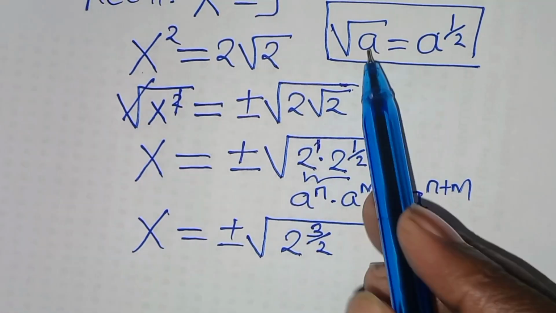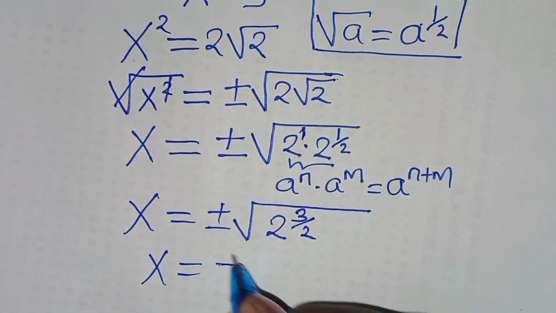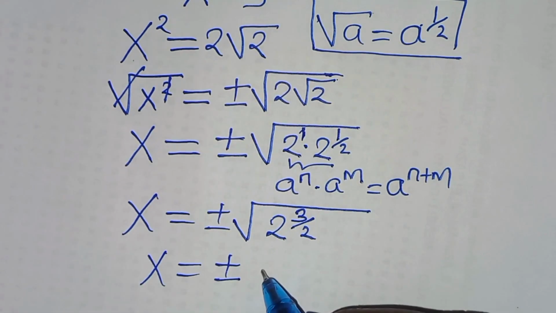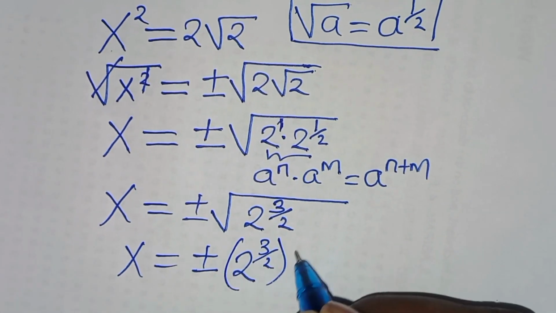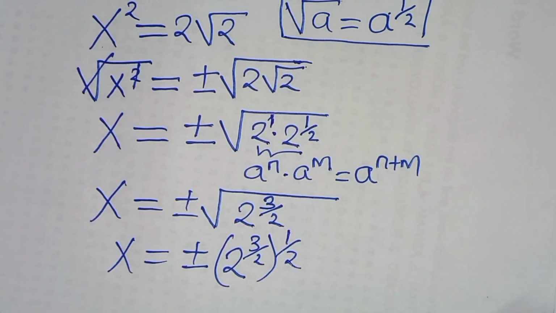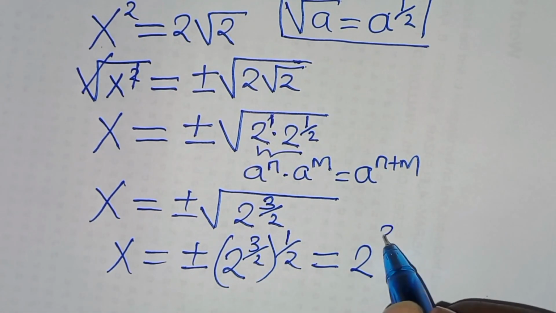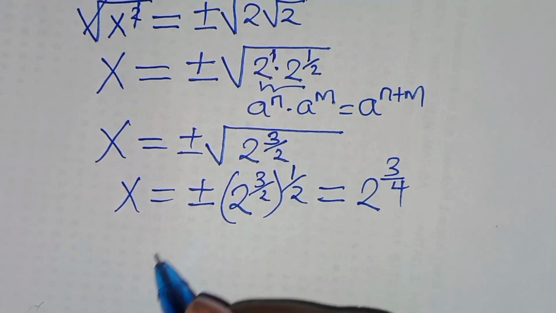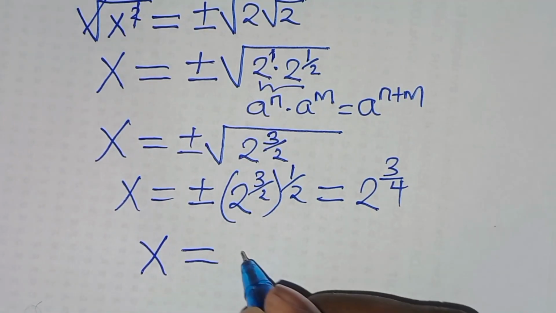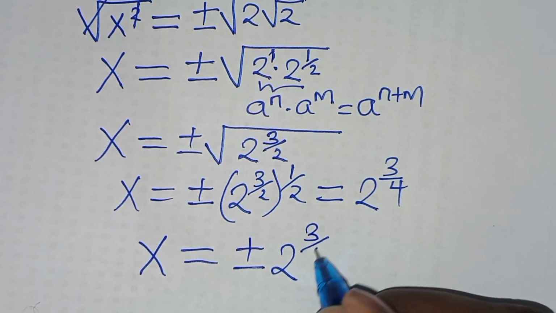Now again applying this property, we'll have that x is equal to plus or minus. Now here we have 2 raised to the power 3 over 2 times half. So this is equal to 2 raised to the power 3 over 4. So we have that x is equal to plus or minus 2 raised to the power 3 over 4.